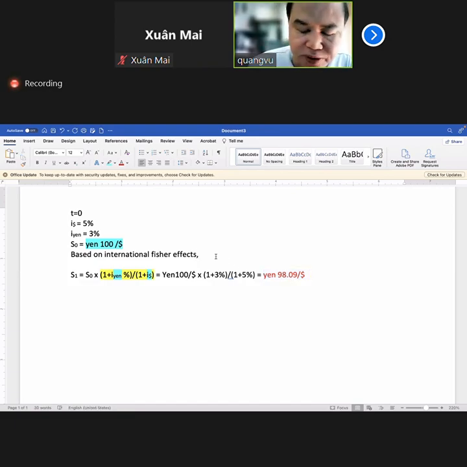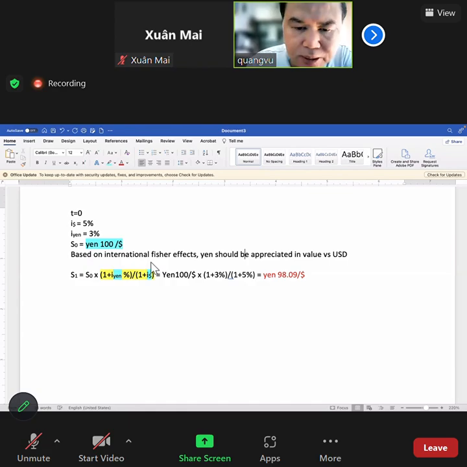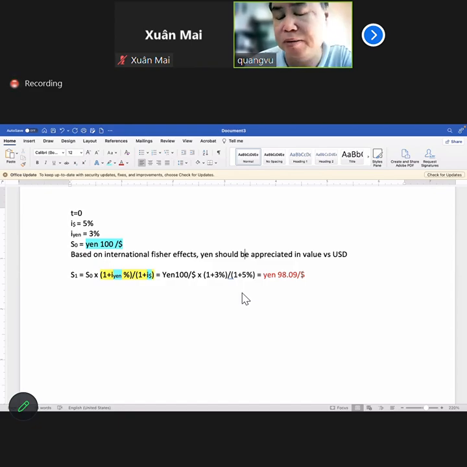Based on the international Fisher effect, the yen should appreciate in value versus the US dollar. Now check the final number: later on $1 can be converted into less yen. That means the yen strengthens. Exactly.